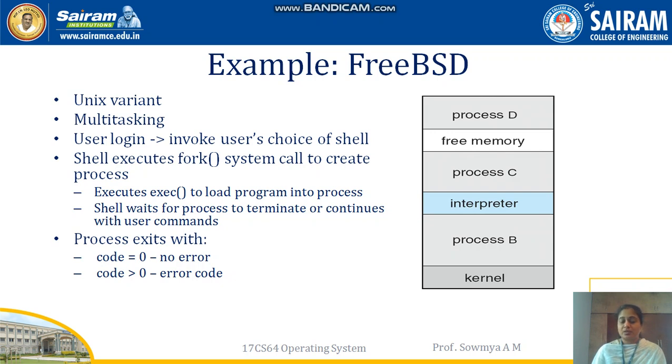If any process execution is completed, that memory block is added to free memory again. User login will invoke the user's choice of shell. For every user, a private shell is allocated, and fork is a system call used to create a process, and exec is a system call used to execute.